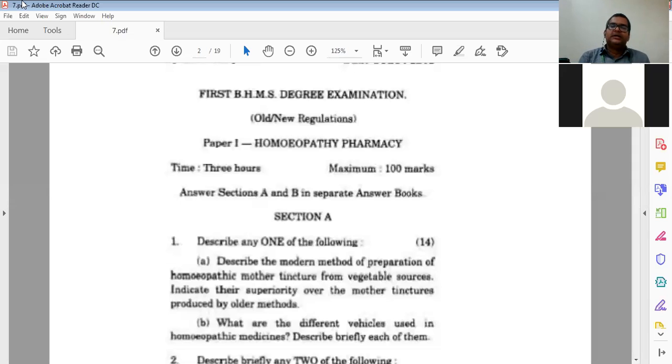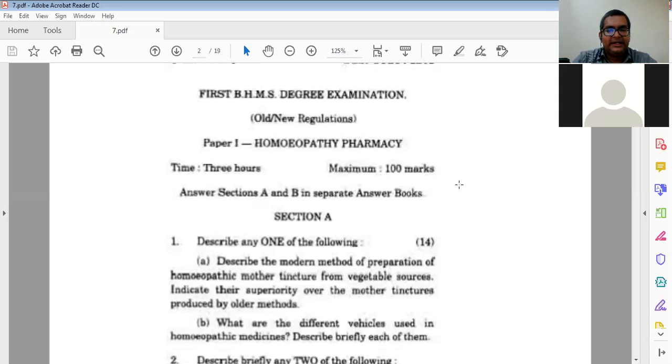So what is the superiority of the modern method of preparation of mother tincture over the older method? Till now we have studied the differences, but what is the superiority, as according to the person who has given the question paper?